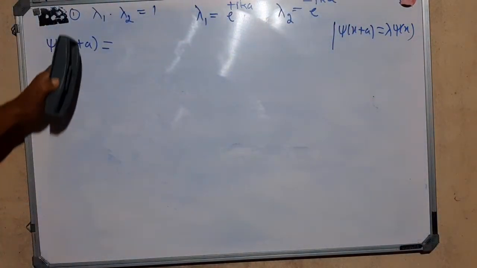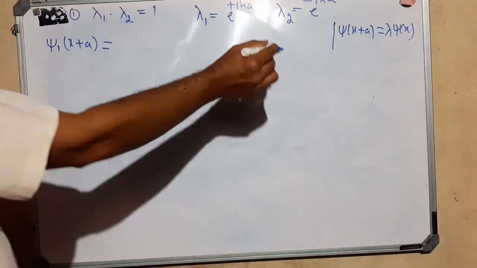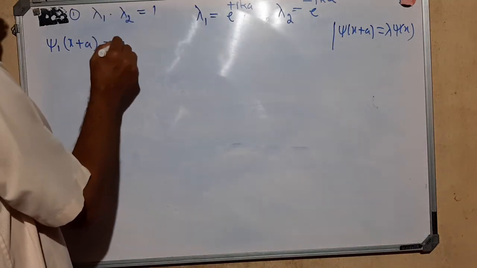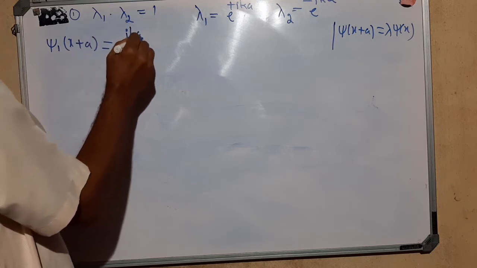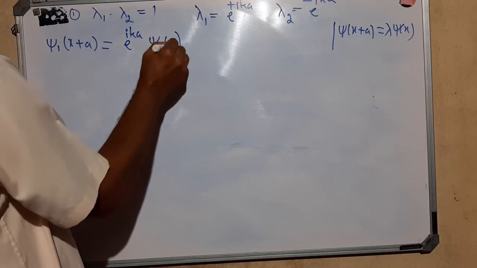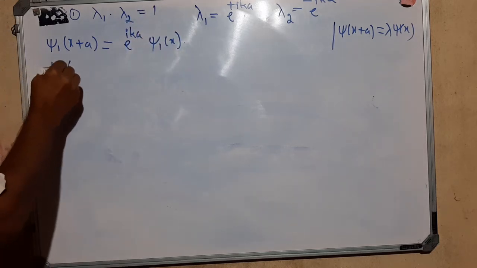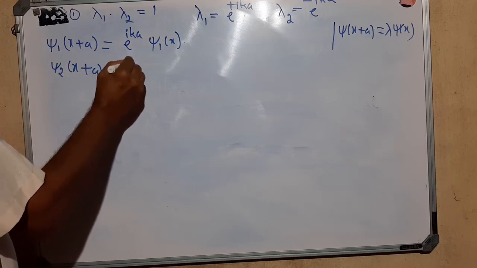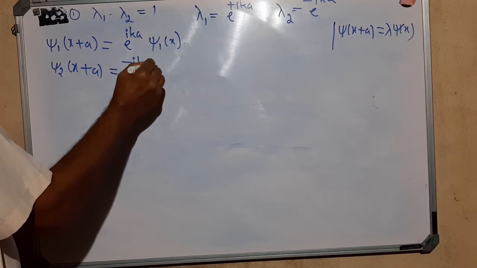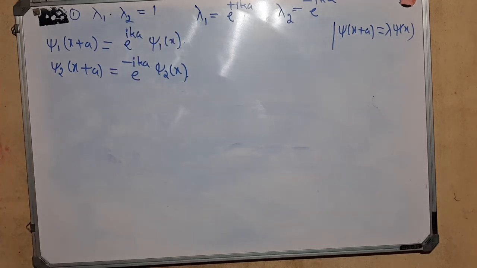Using this, I am writing the first solution. ξ1 of x plus a is equal to lambda, where lambda is lambda 1, e to the power i ka, into ξ1 of x. Similarly, ξ2 of x plus a is equal to e to the power minus i ka into ξ2 of x.